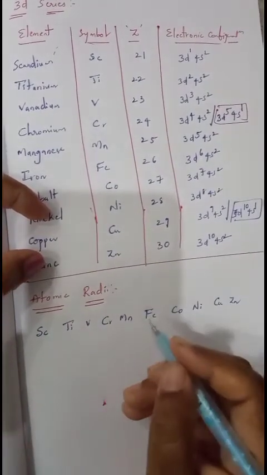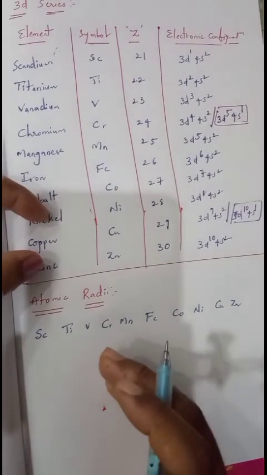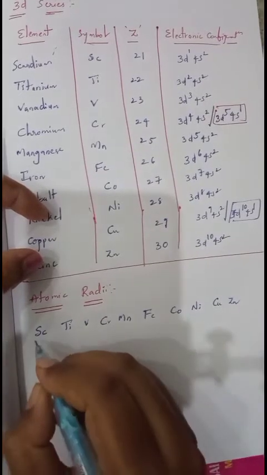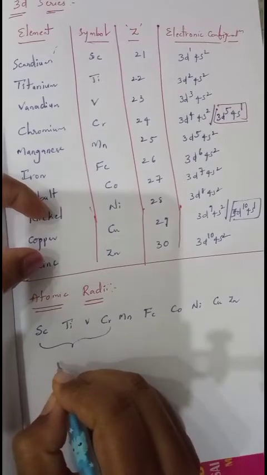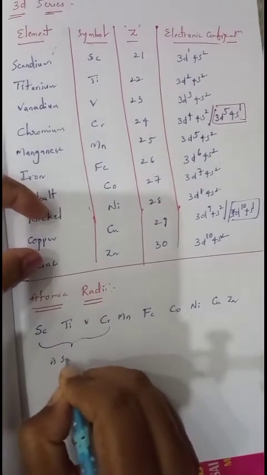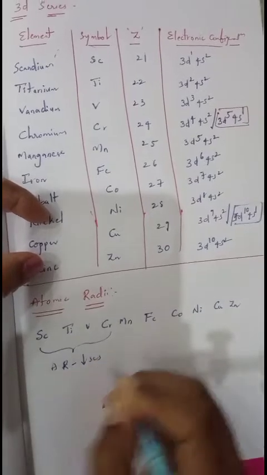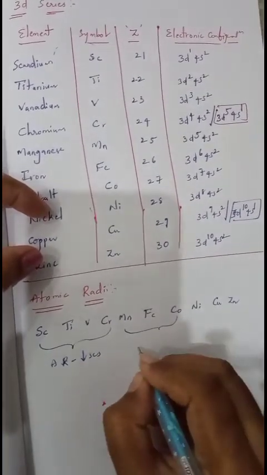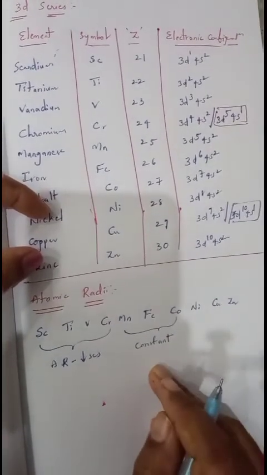With increase in atomic number, from scandium to chromium, the atomic radii decreases. Then from manganese to cobalt, it becomes constant, with no increase or decrease in atomic size.